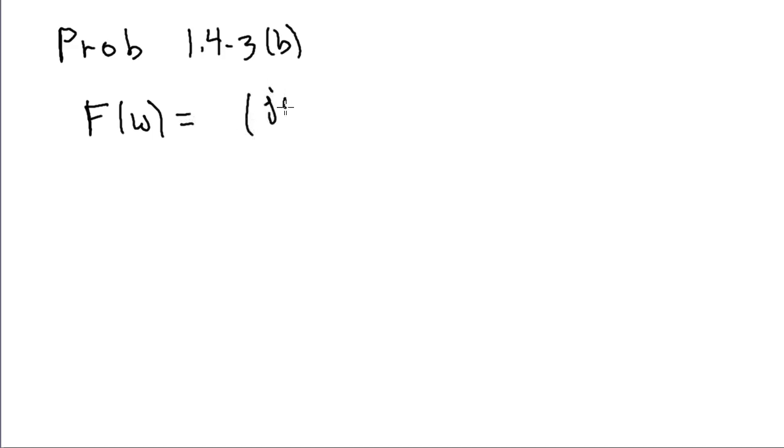We've got j omega plus 2 over omega squared plus 9, and that's all multiplied by delta of omega.